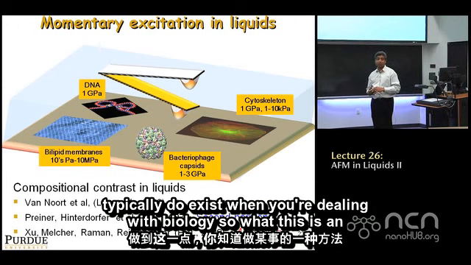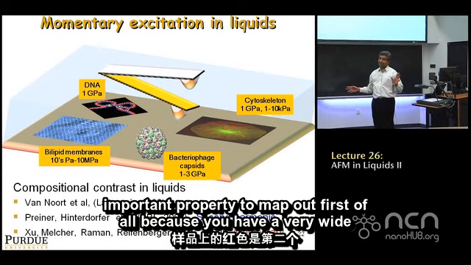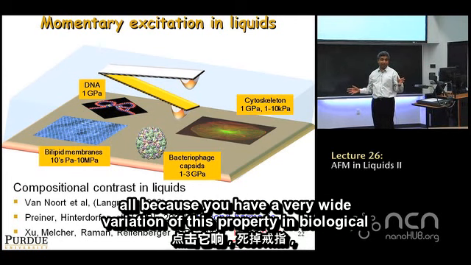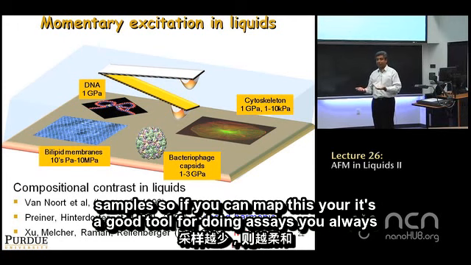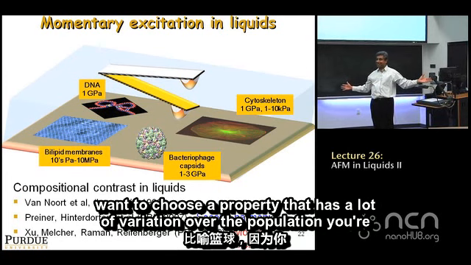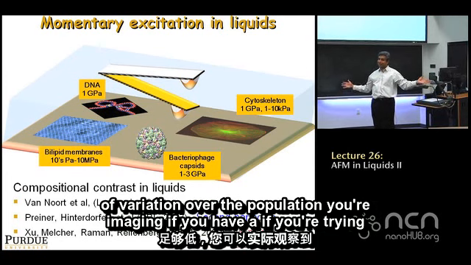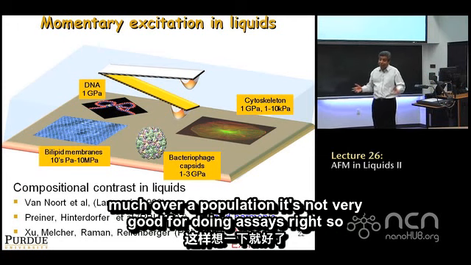So this is an important property to map out, first of all, because you have a very wide variation of this property in biological samples. If you can map this, it's a good tool for doing assays. You always want to choose a property that has a lot of variation over the population you're imaging. If you're trying to map a property that doesn't change much over a population, it's not very good for doing assays, right?